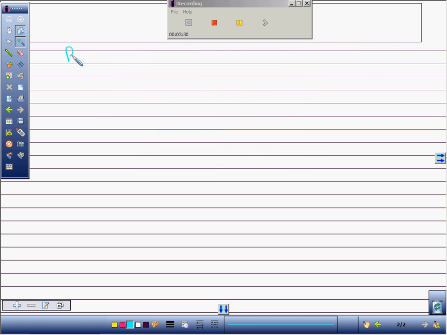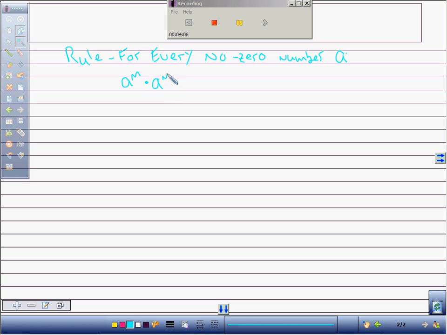The rule says for every non-zero number a, a to the m times a to the n equals what?